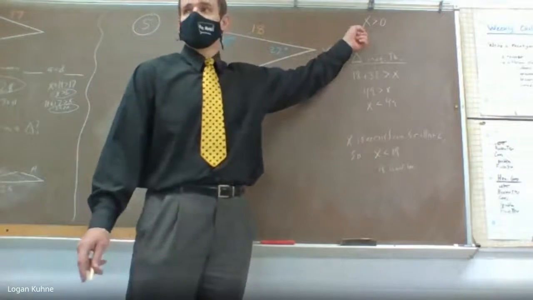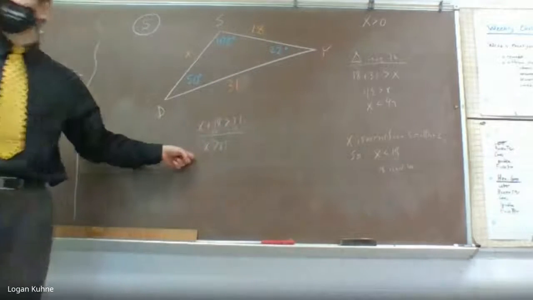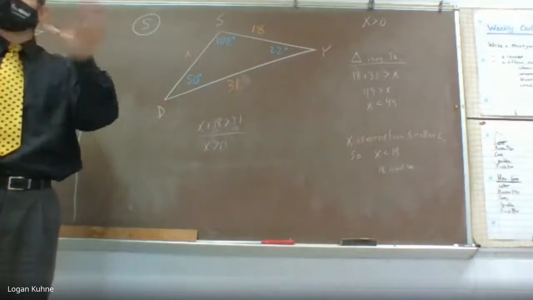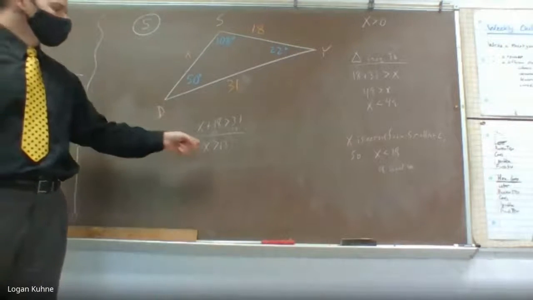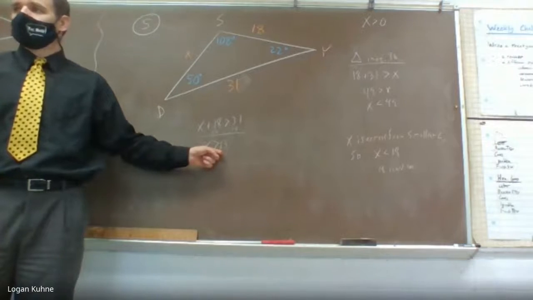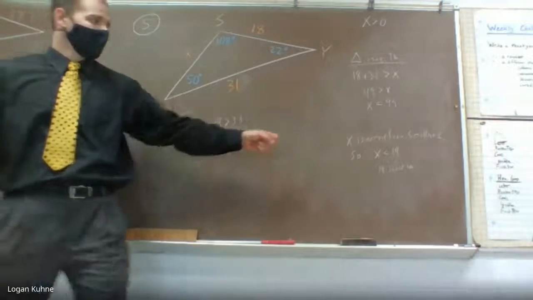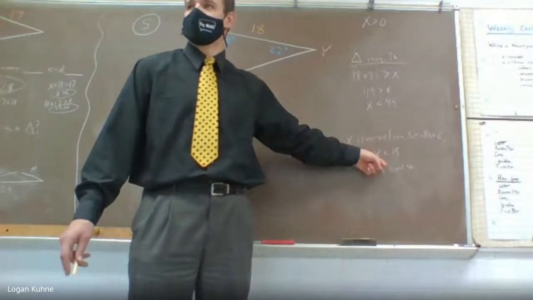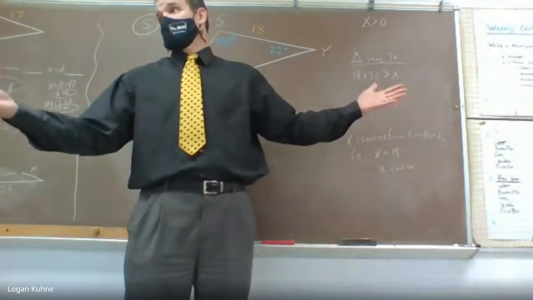And we know X is bigger than 0, but if X has got to be bigger than 13, we don't need that top one, right? Someone from the first hour said this, I loved it. They said 13 was the biggest of these smaller numbers, and 18 was the smallest of the bigger numbers. Okay, that's cool.